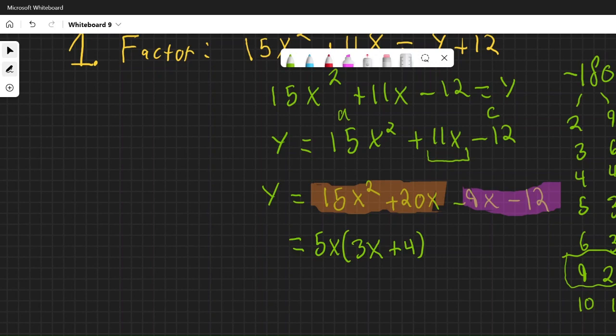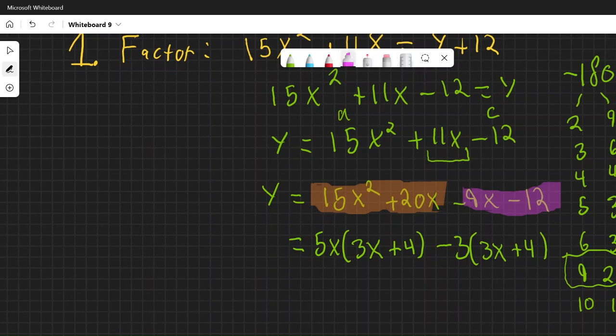Then we're doing the same thing for the next group. Let's take the negative out, so we take negative 3 out of each of those. Negative 9x divided by negative 3 would be just 3x. The negative 12 divided by negative 3 would be plus 4.